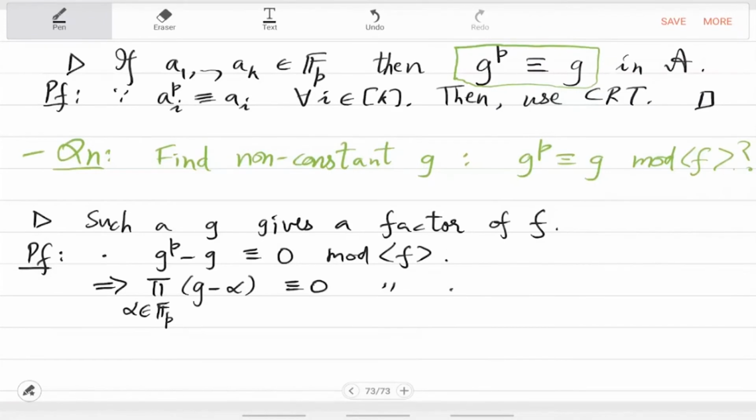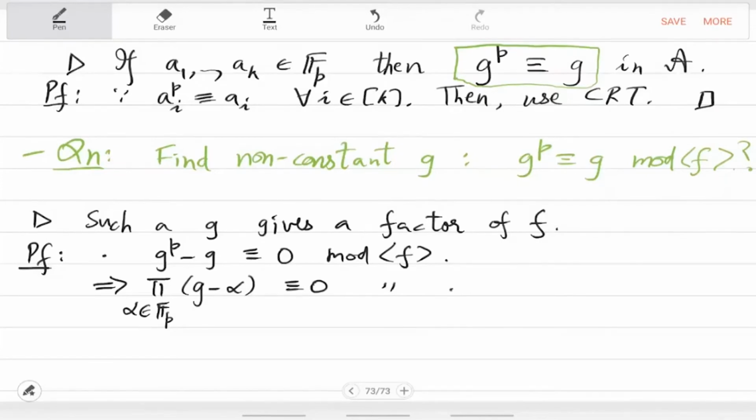This follows from the Frobenius identity. So x to the p minus x factorizes into the product of x minus alpha. So in x you substitute g, you get this. And that identity does not even need mod f. Mod f is just hanging around for free.